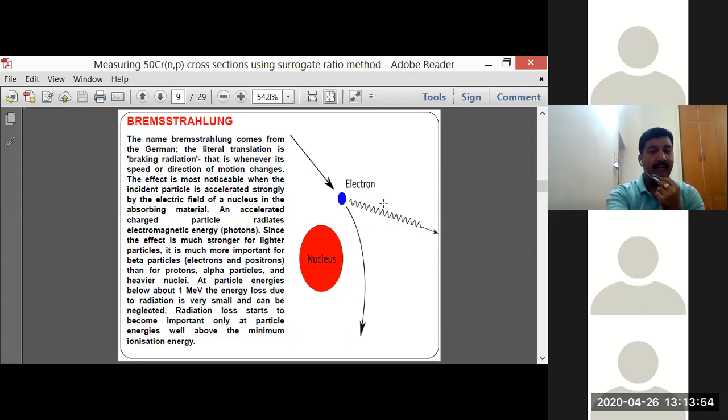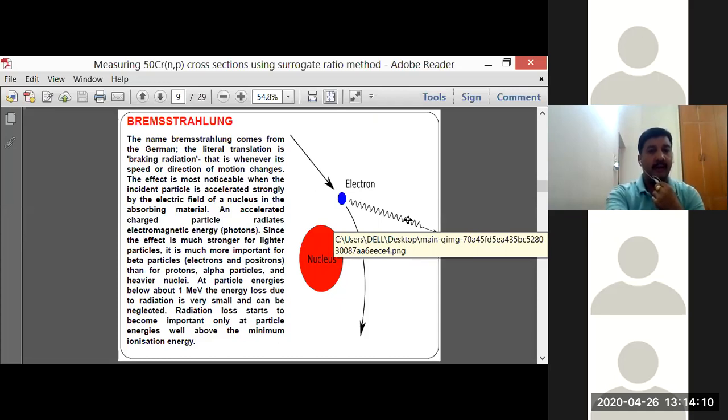That deflection makes a decrease in energy of this electron, and that loss of energy comes out in terms of a photon. So this process is known as the Bremsstrahlung process.